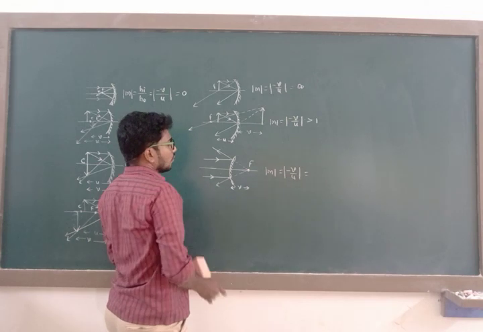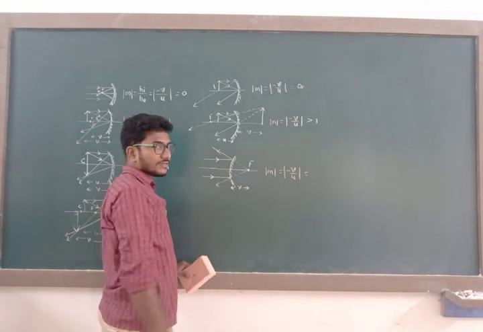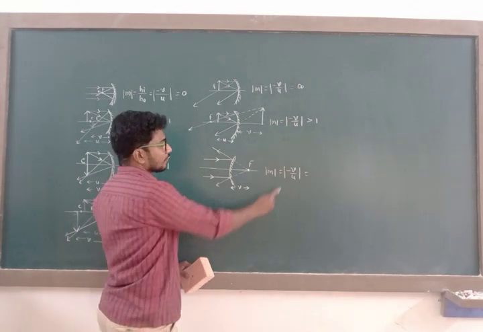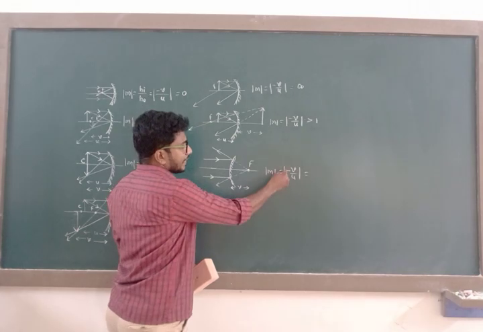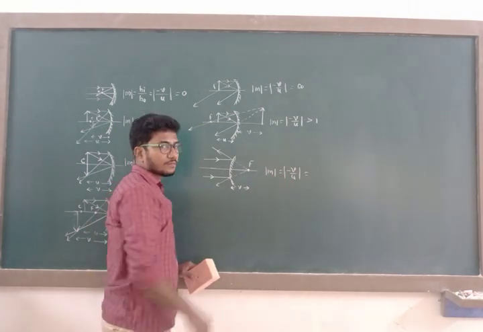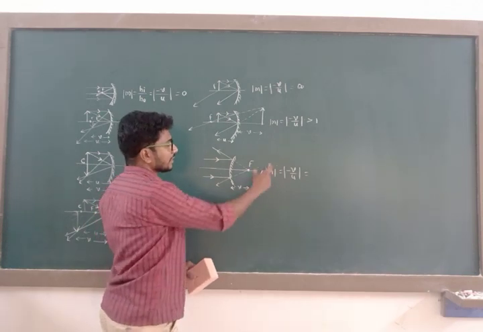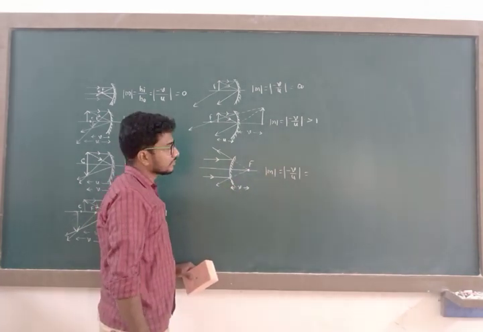Next, U, object distance. This measurement is opposite to the direction of incident light. Therefore this U is in terms of negative sign. Negative sign gets cancelled. Then this whole ratio is in terms of positive sign, and that positive sign represents the nature of the image is virtual and erect.